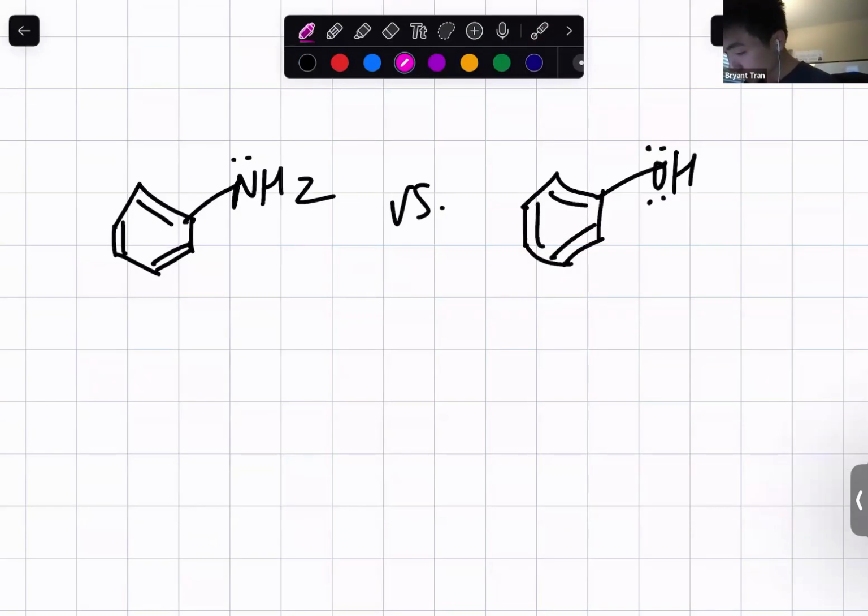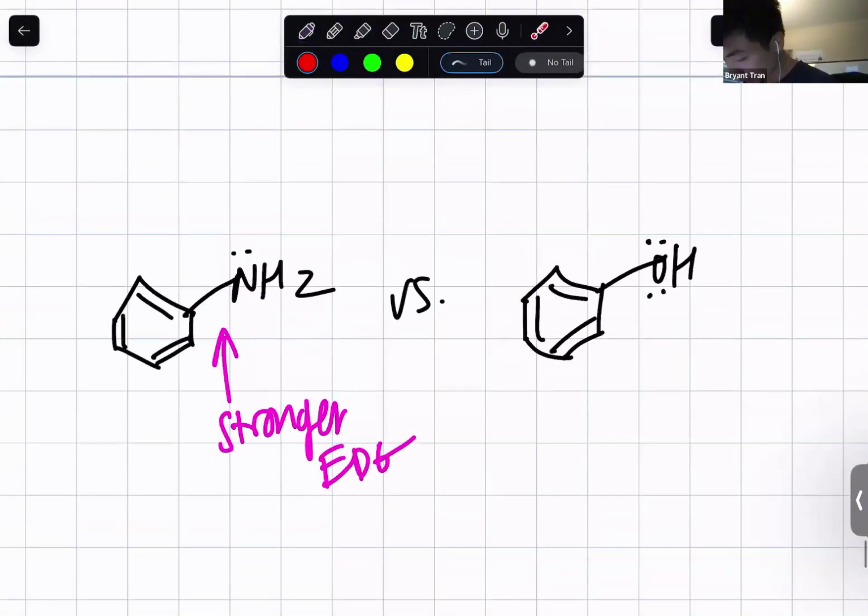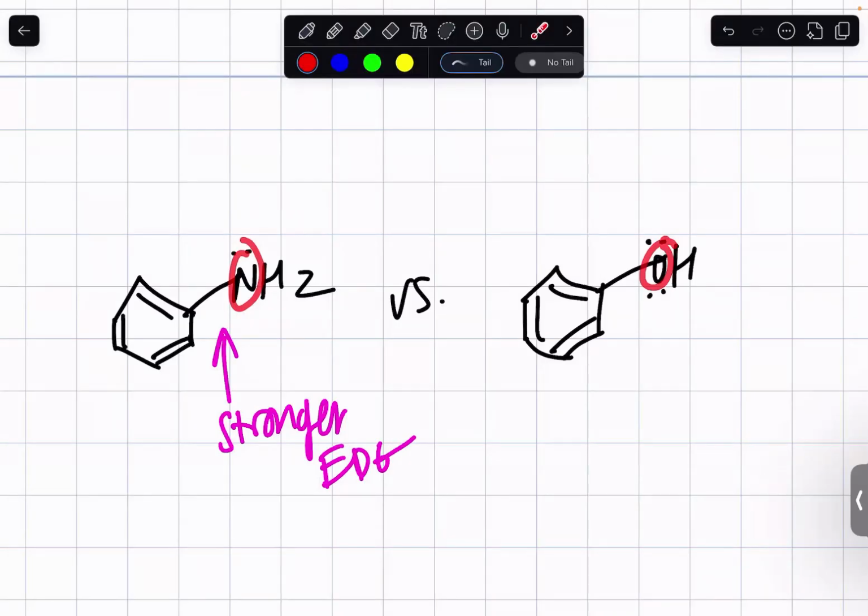They're both EDGs, but like you said, nitrogen is the stronger EDG because of electronegativity. Which atom is more electronegative, nitrogen or oxygen?